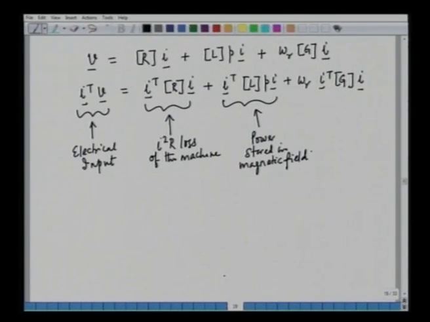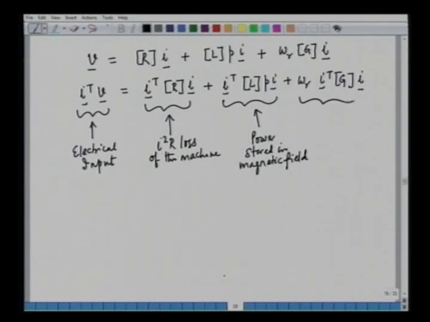This is not converted to mechanical power. What we have here, the third term, is the mechanical power output.